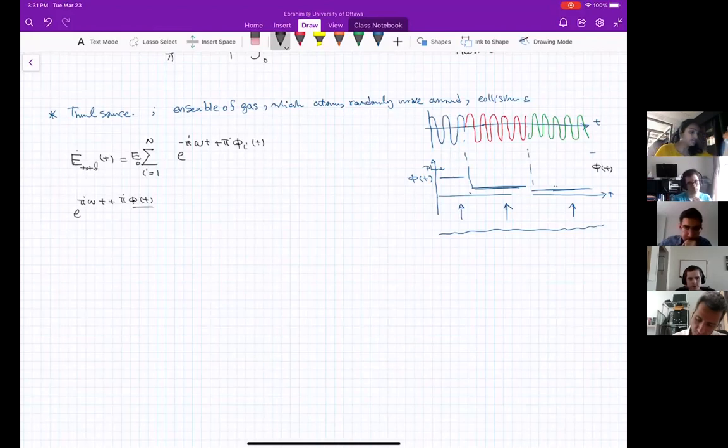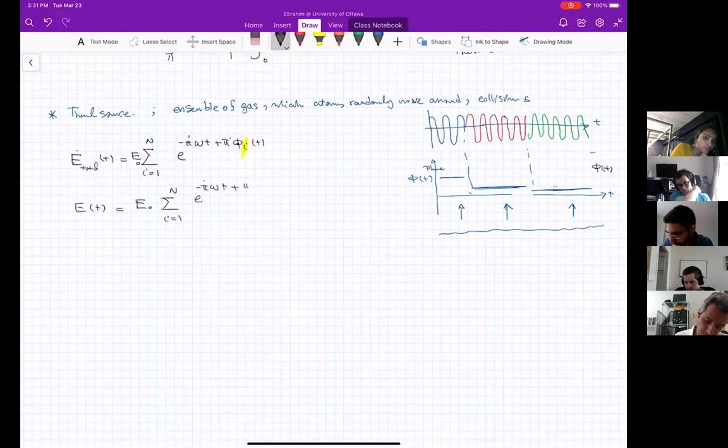That's the reason that the summation only affects phi i, right? Good. So I know E(t), the amplitude is the same for all of them. For simplicity, i from 1 to n atoms, e to the minus i omega t plus i phi i(t).